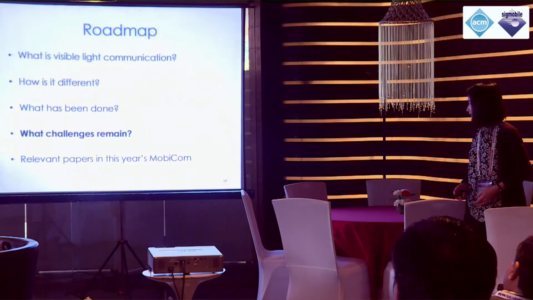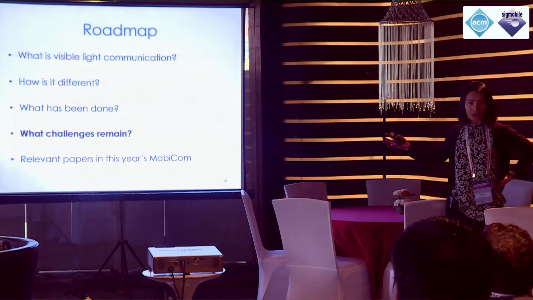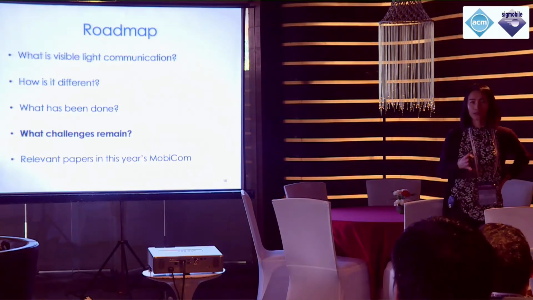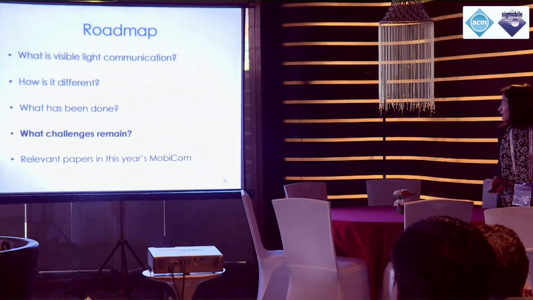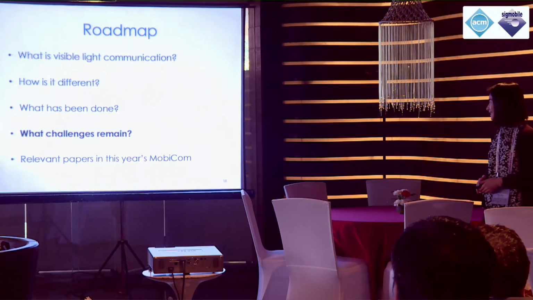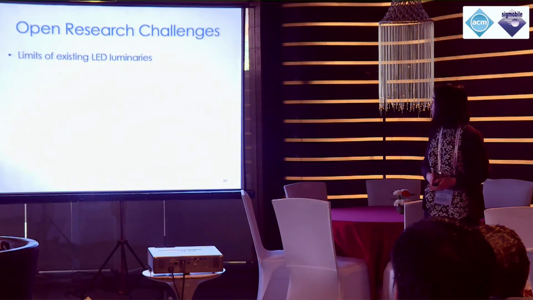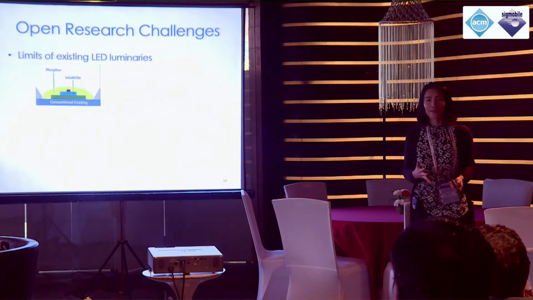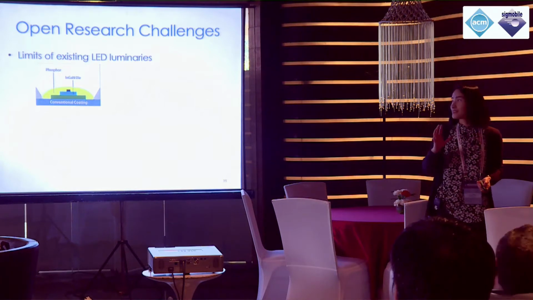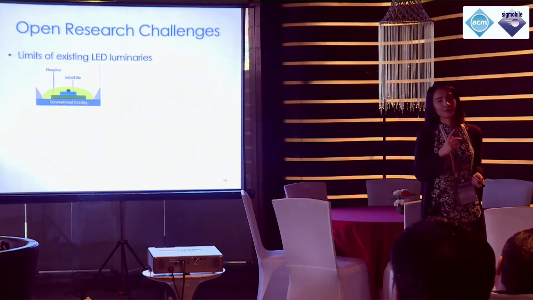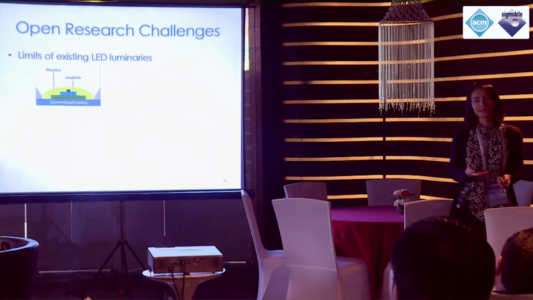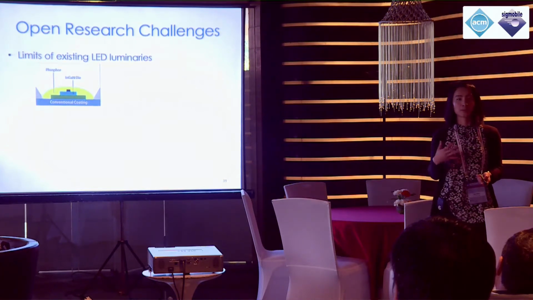So lastly, what are the remaining challenges? We have looked at what has been done in this area. So here are my 2 cents on what are the remaining challenges. First of all, as you can see, all the works have been focusing on using existing LED luminaries, but existing LEDs are limited in the modulation bandwidth.